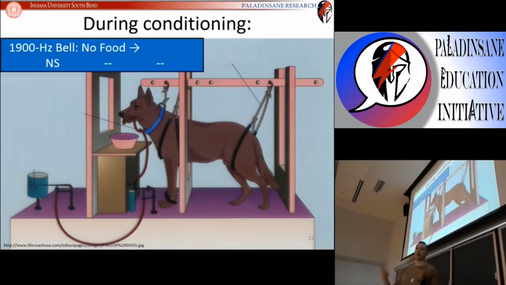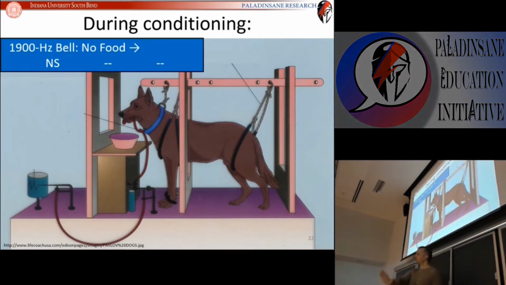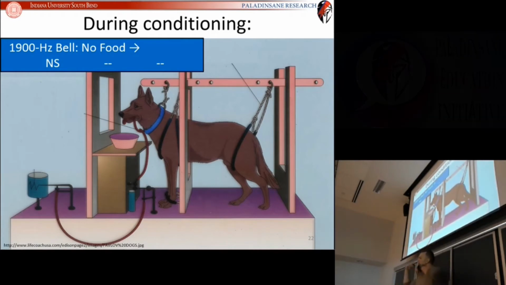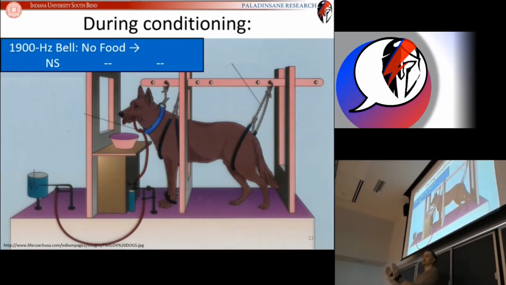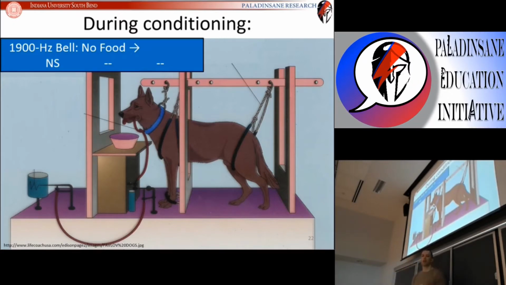So you would go randomly back and forth between presenting the 2000 hertz bell, ding, ding, ding, here's some food, dog salivates. Present the 1900 hertz bell, ding, ding, ding, no food on the 1900 hertz tone, dog has no response.